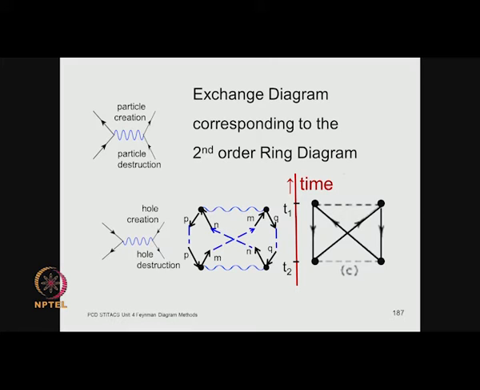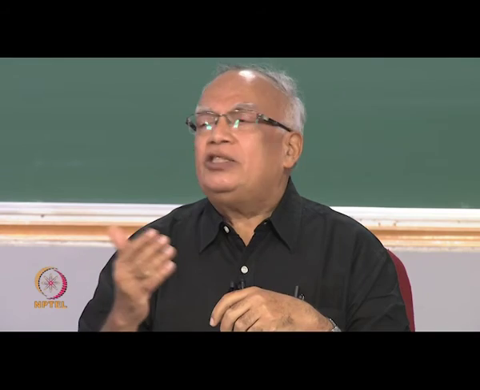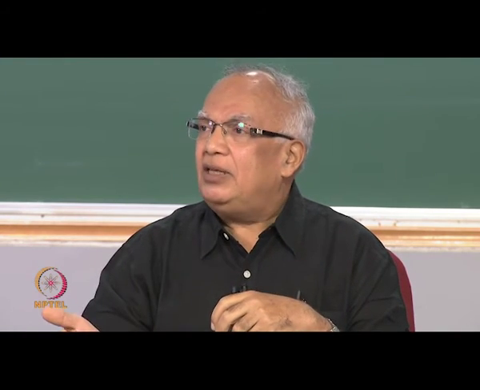Now, this is the one which corresponds to the same ring diagram, but this is the exchange part, the previous one is the Coulomb term. So, you can get second order direct effects and second order exchange effects. When you do a calculation, if you are taking corrections to second order, then you must of course include all the Coulomb terms, and it is automatic that you also include the exchange terms.